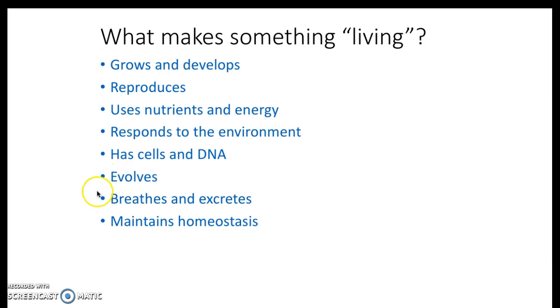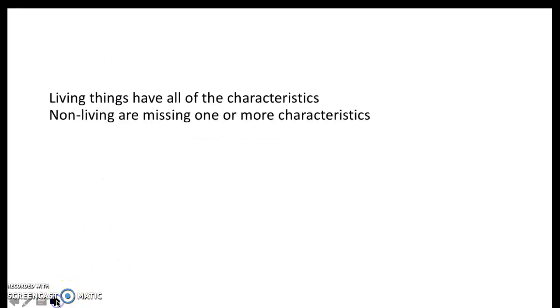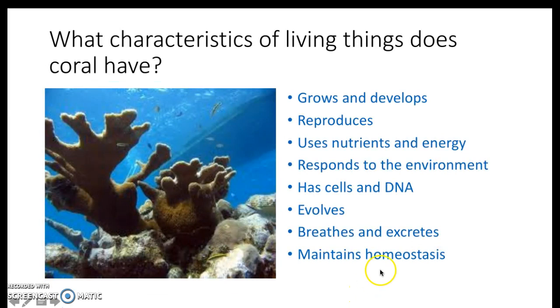It does have DNA, and since it has DNA, it has the ability to evolve, and coral does evolve. Even though it's underwater, yes, it does breathe and excrete, just like fish can get oxygen from the water. And they do have to maintain homeostasis. So, if you now know that coral has all of the characteristics of living things, are we going to call coral living or non-living? Of course, it has to be living.